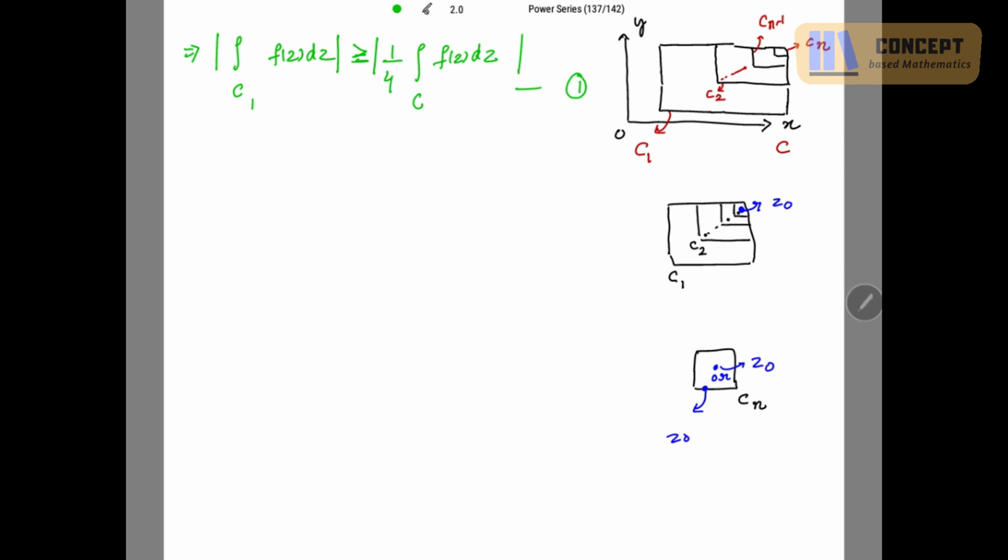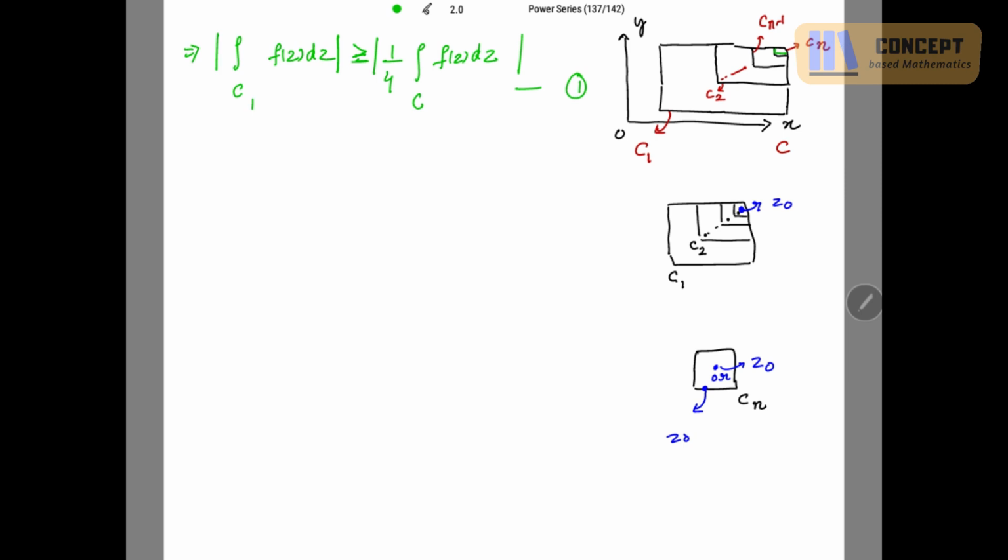Next, since I have divided C into 4 rectangles, if you consider only the C1 rectangle, again I divide the C1 rectangle into 4 equal congruent rectangles and name one of the rectangles C2. Then again C2 is subdivided into 4 rectangles, then C3, C4, and so on, up to the last rectangle, which is your Cn. Alright.